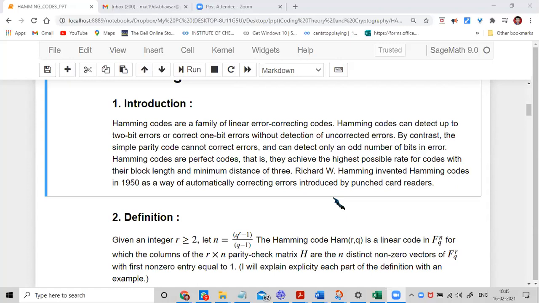So Ham(r, q) as defined above is a linear code in F_q^n for which the columns of the r cross n parity check matrix are n distinct non-zero vectors of F_q^r, whose first non-zero entry is equal to 1.